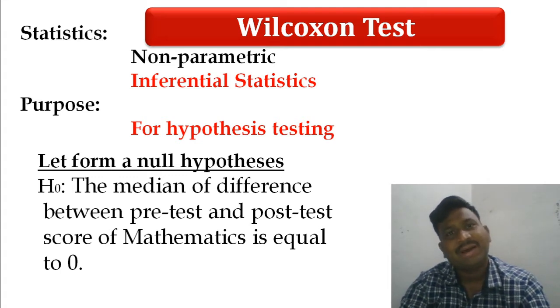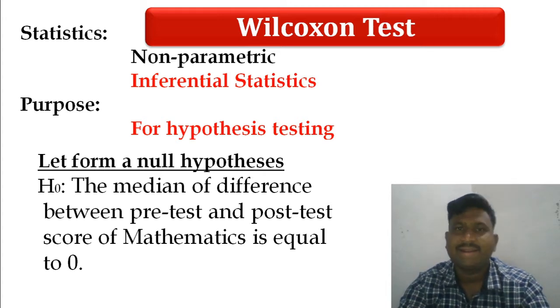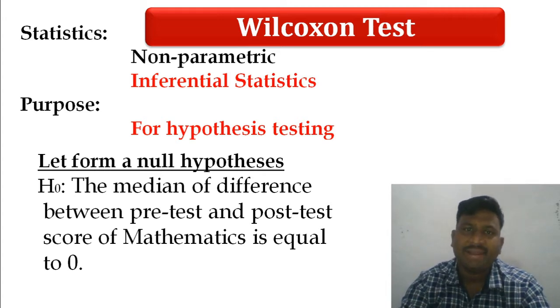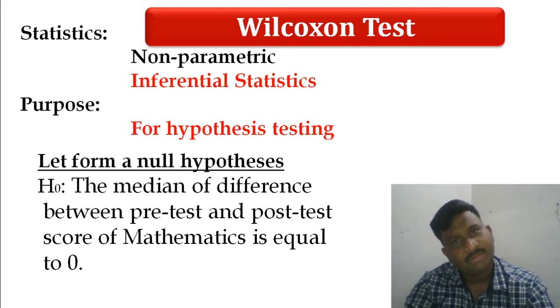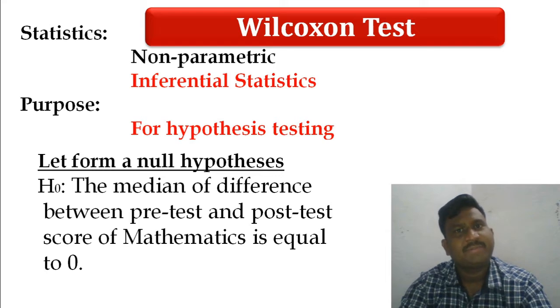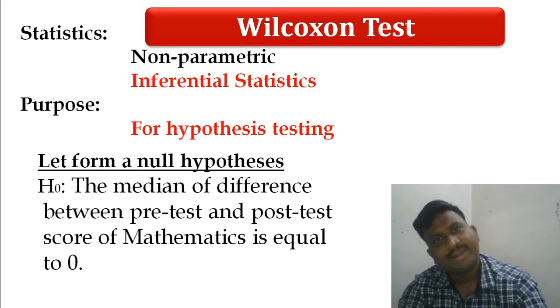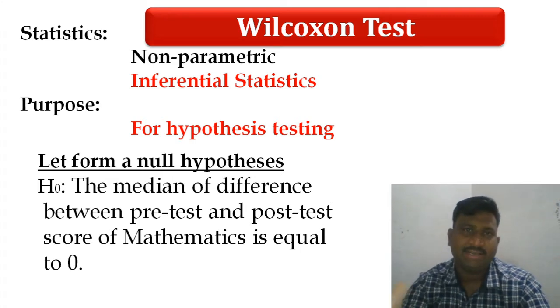Similarly, it can be used in market research. For example, a biscuit packet is there. If they change the packet style, what will be the effect on the sale of the biscuit? For this purpose, a sales sample can be collected, then we change the packet, then we go to the market again, see the sale, and again collect the sample of sale.